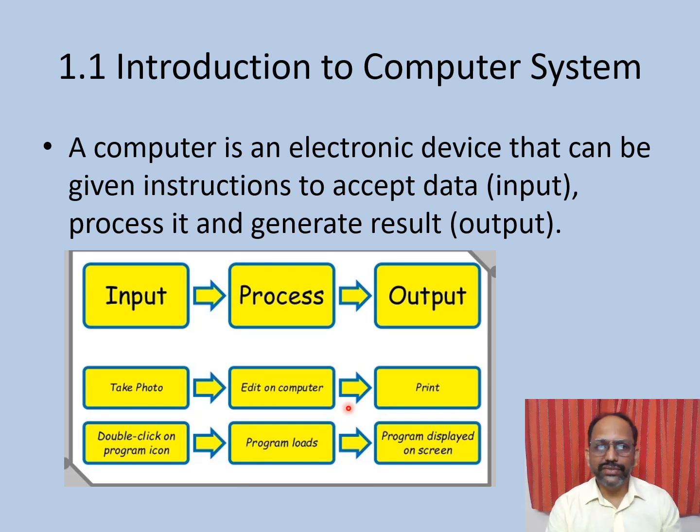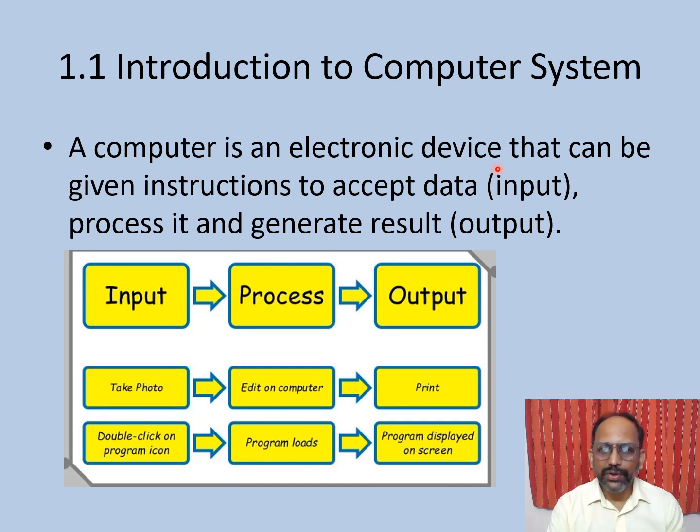All these activities we do with the help of instructions. So basically, a computer is an electronic device that can be given instructions to accept data, process it, and generate a result. My dear students, you can do any kind of work in a computer, provided you are able to enter the data into the computer system.